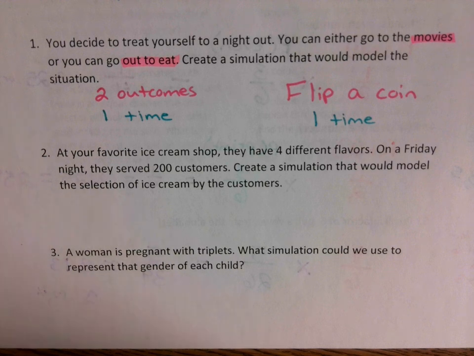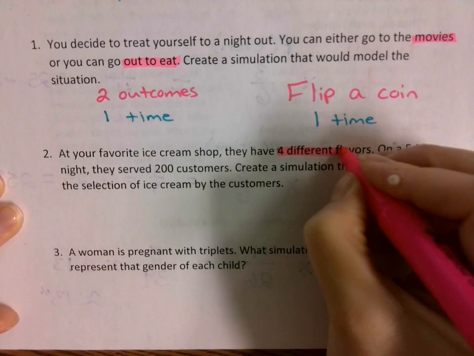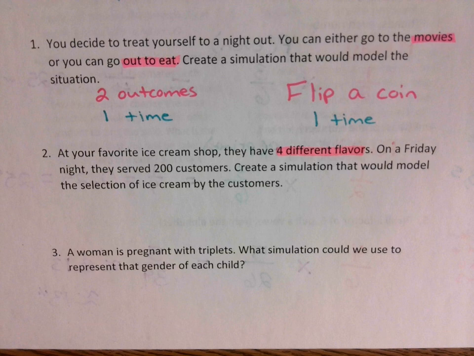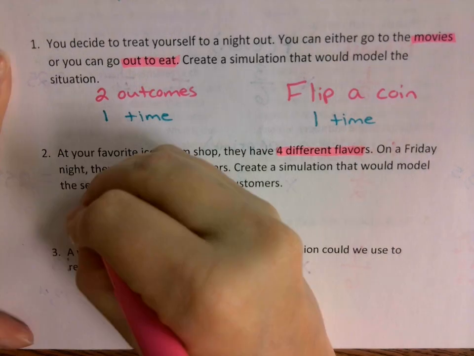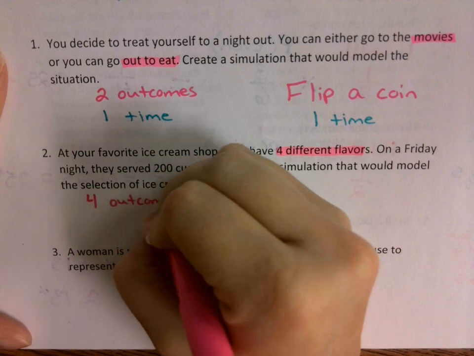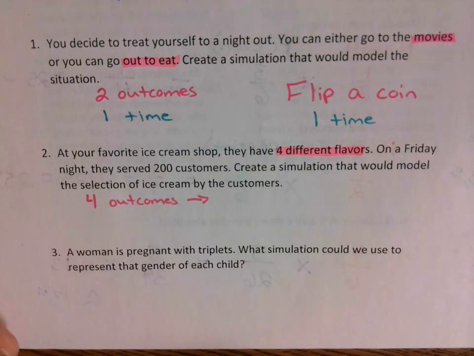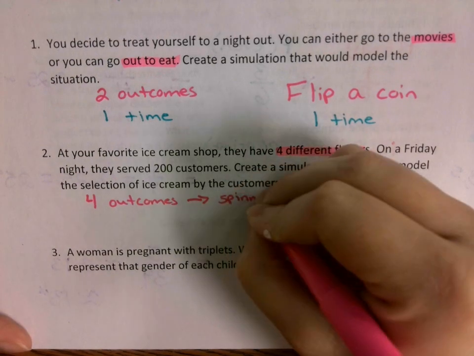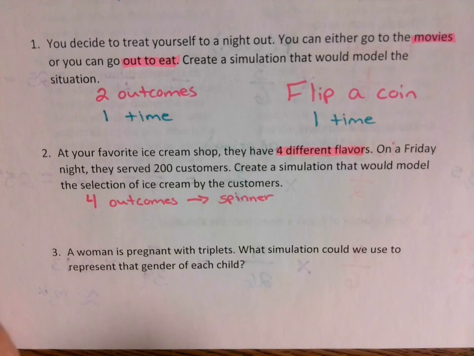We have 4 different options. 4 different flavors are the 4 outcomes. What did we say we would use for 4 outcomes? A spinner. A spinner is a really good choice. Of course, we have to identify that it's a 4-section spinner when we indicate what our model is going to be.